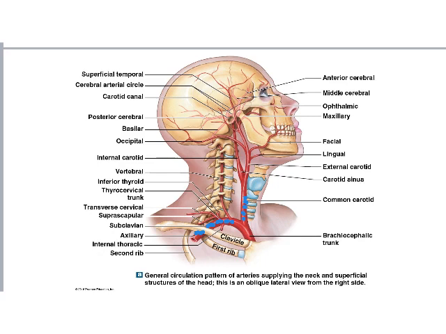We're going to talk about some posterior circulation afterward, but most of the face, neck, brain is coming off of the carotid artery. So that carotid artery is going to branch into an external carotid that's going to feed the face and the neck and the scalp, and it's going to break off into an internal carotid that's going to go up and feed the brain. And we'll see those here in a minute.